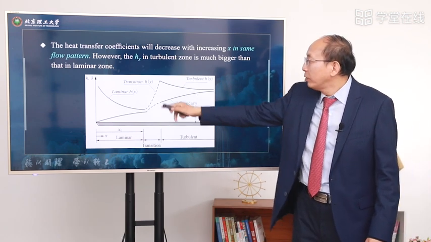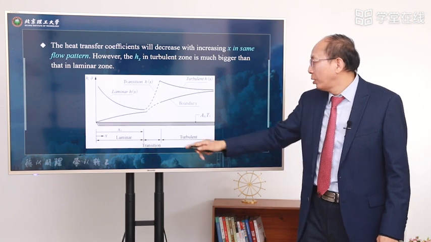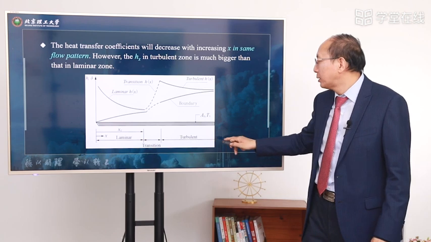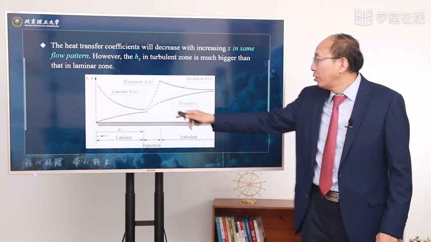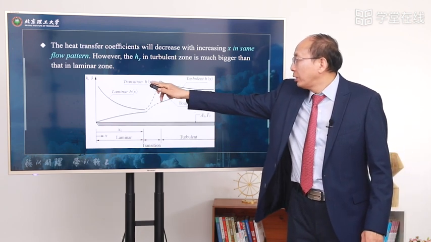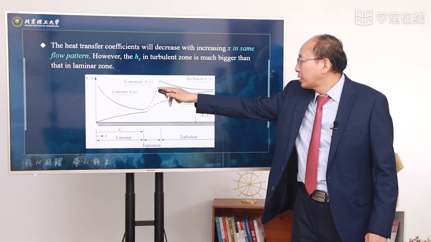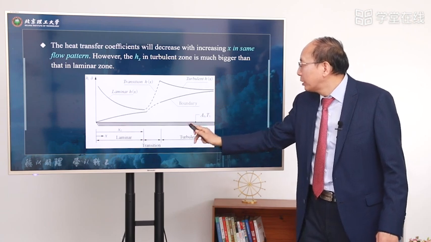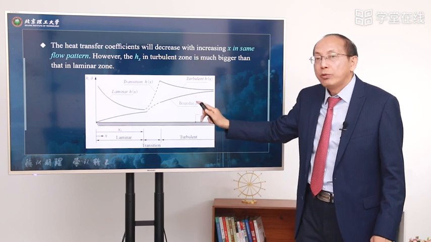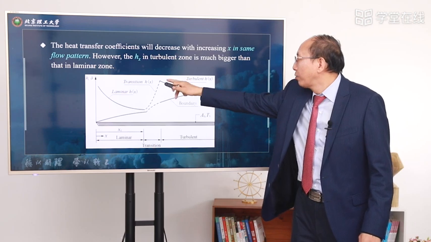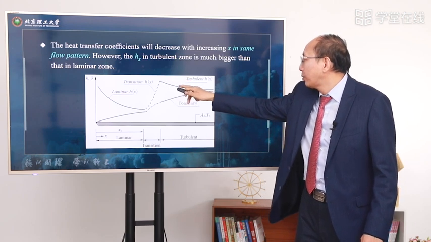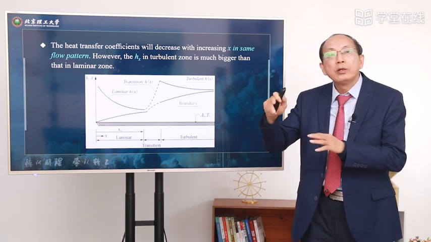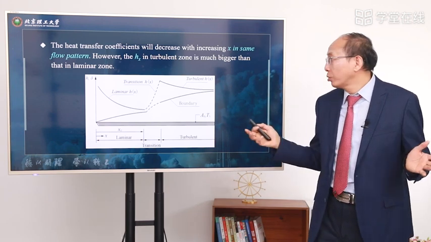So in most cases, we obtain this diagram. The vertical axis is h, the horizontal axis is x. The h in laminar flow decreases. However, in turbulent flow it suddenly increases rapidly, and from here it decreases again, but the change is very small.